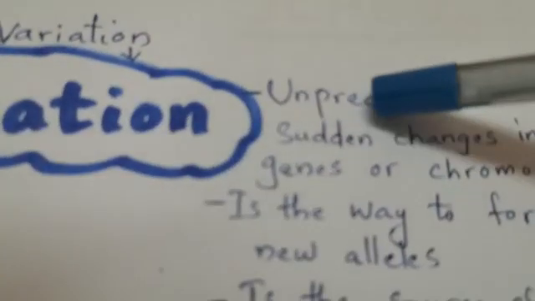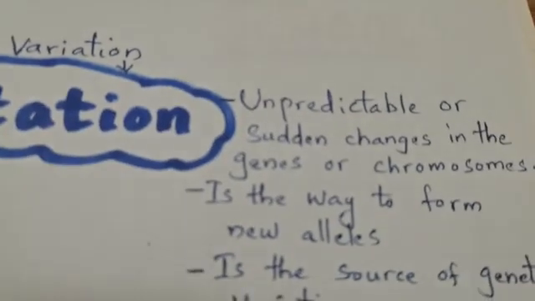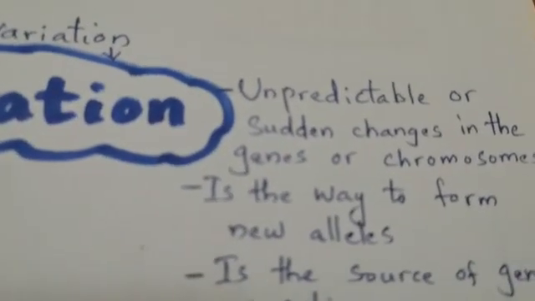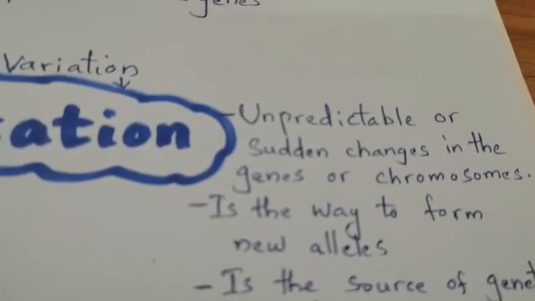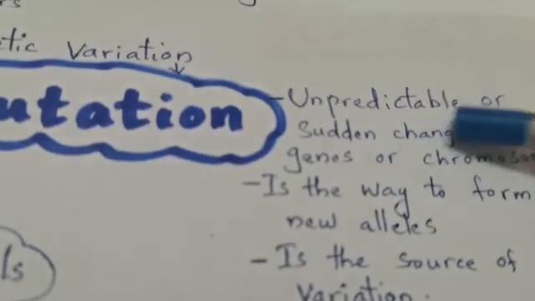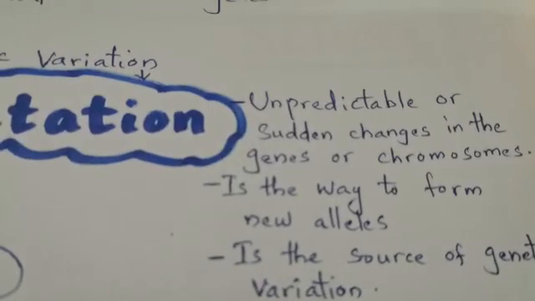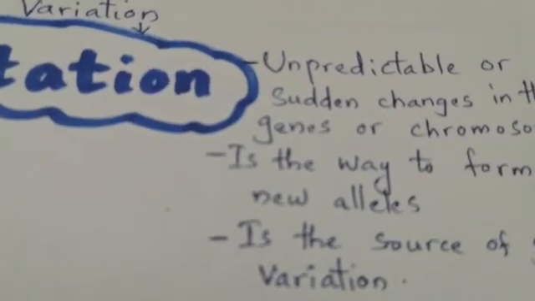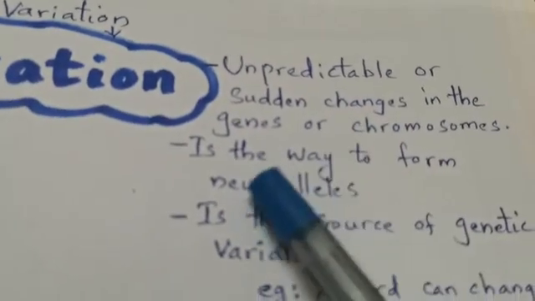You can see unpredictable means we cannot predict that one. The unpredictable or sudden changes in the genes or in the chromosomes.